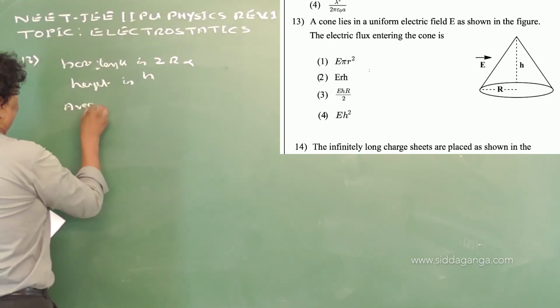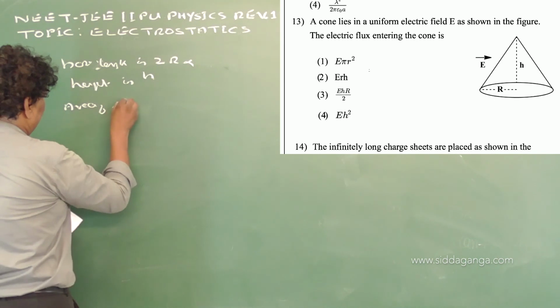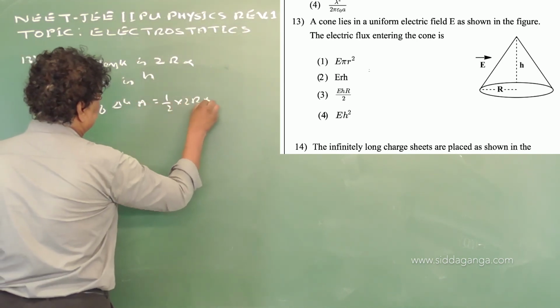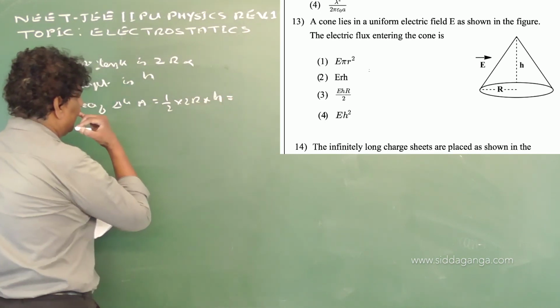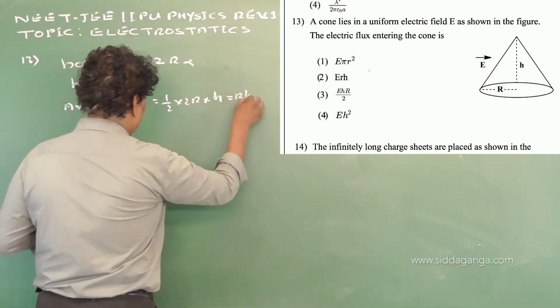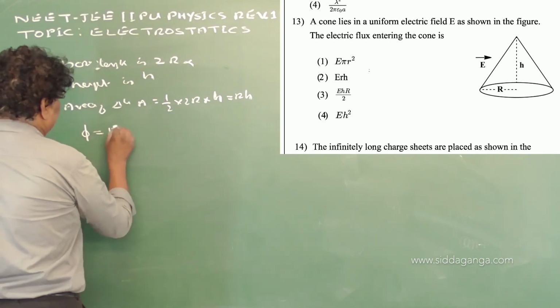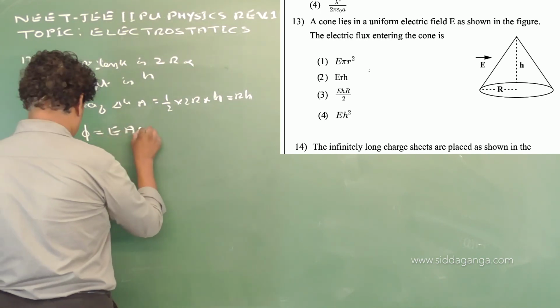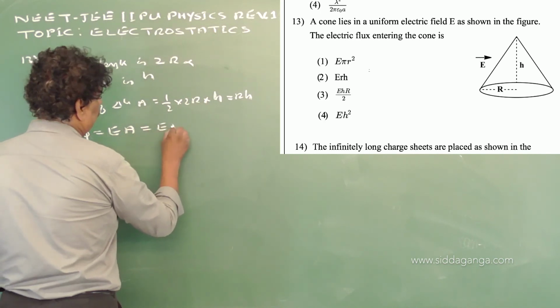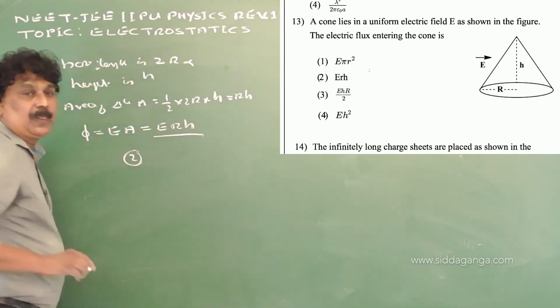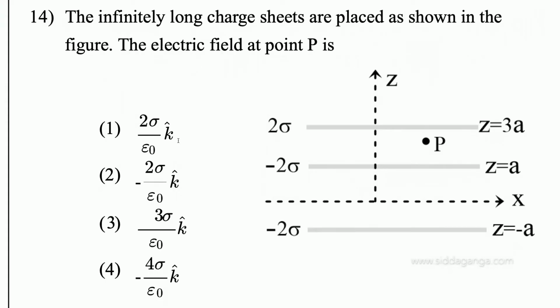Therefore, area of triangle A is equal to half into base into height, that is equal to RH. Now we have flux passing through the surface is equal to electric field into area, that is equal to E into RH. So the option number 2 is the right option.